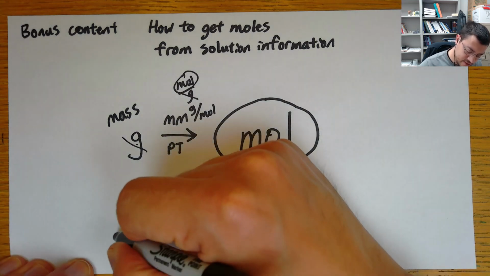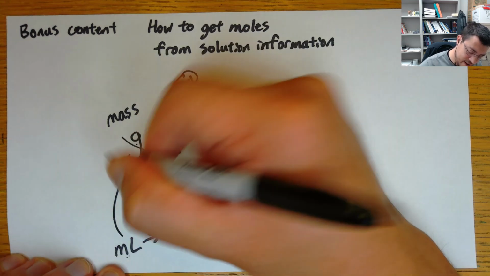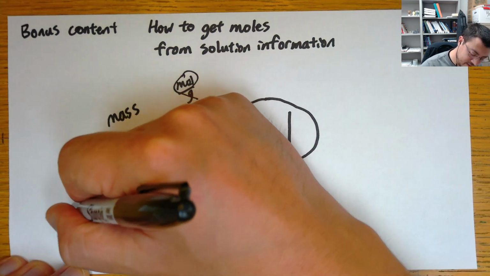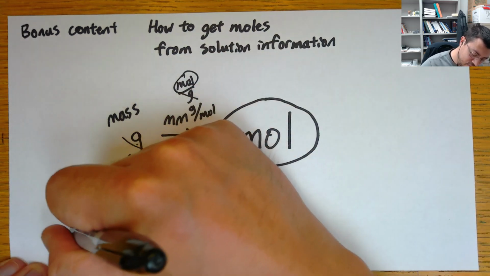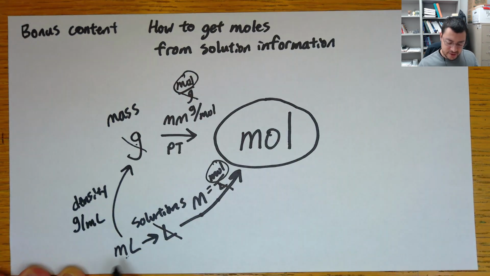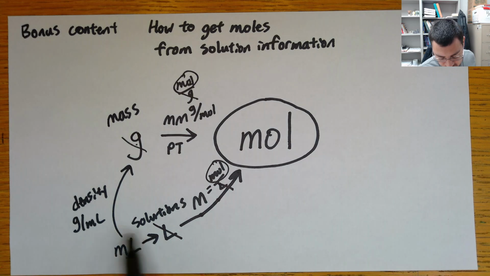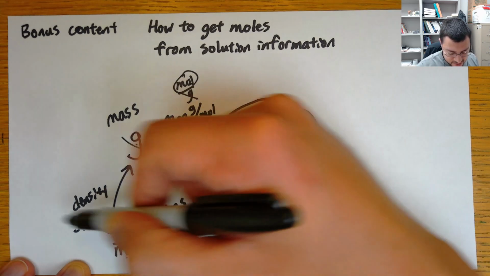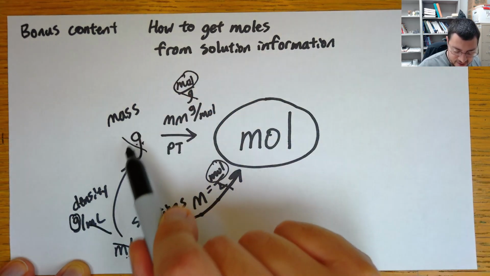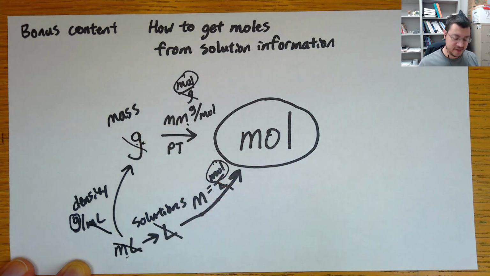There'd be another route. This would be using the density. Density is grams over milliliters. So let's say they gave you like gasoline, octane or something. And they gave you some amount of fluid for that, in milliliters, it's pure octane. If you had the density of octane, you can cancel the milliliters, and then you'd be at the grams there, and then you can use the molar mass of whatever it is.